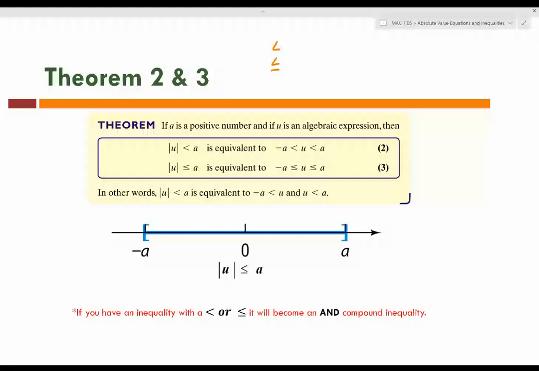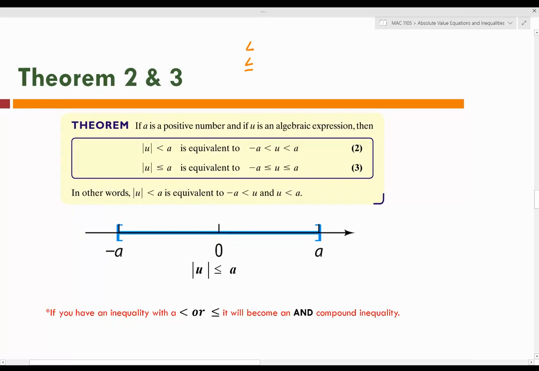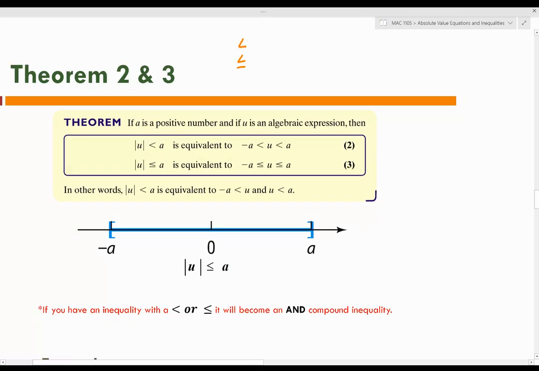then the absolute value of U is less than A is equivalent to negative A is less than U, which is less than A, or the absolute value of U is less than or equal to A is equivalent to negative A is less than or equal to U, which is less than or equal to A. So what it's telling you, remember when we had absolute value equations, if we wanted to drop the absolute value bars, we set our equation equal to its negative and positive answer.